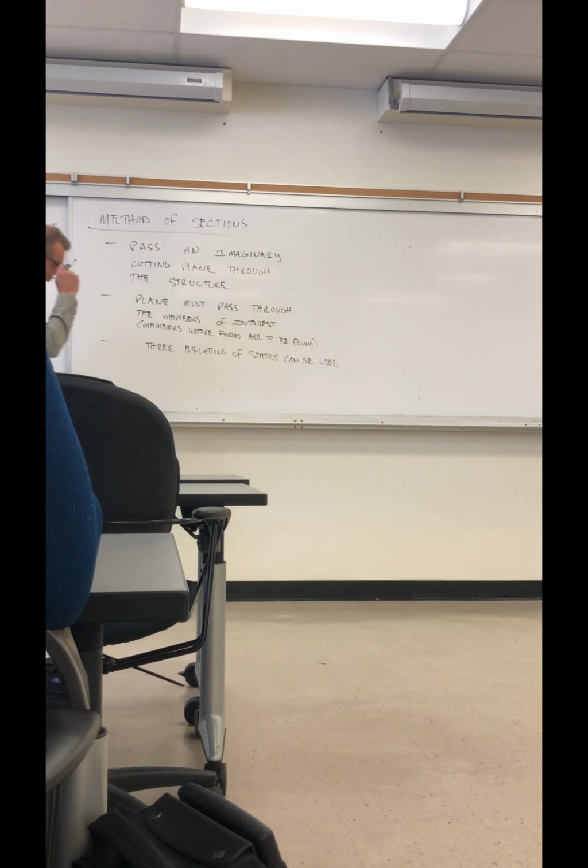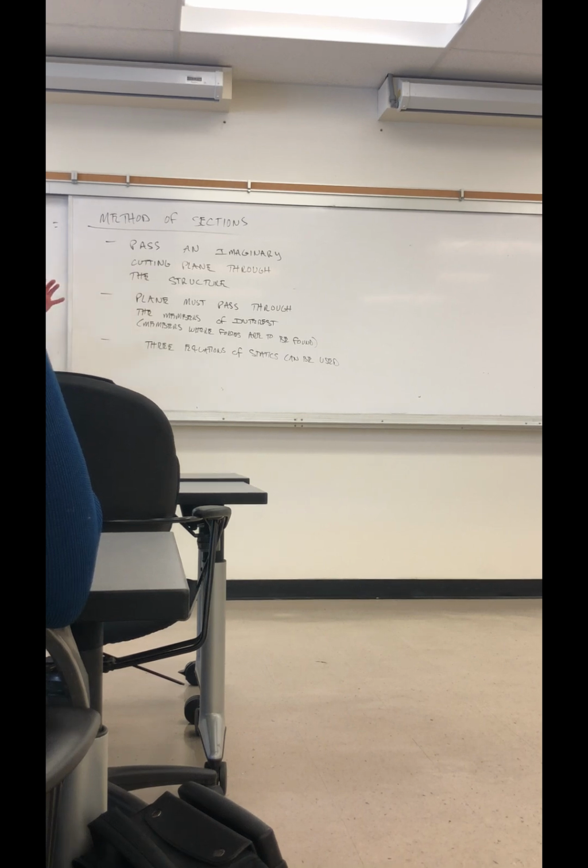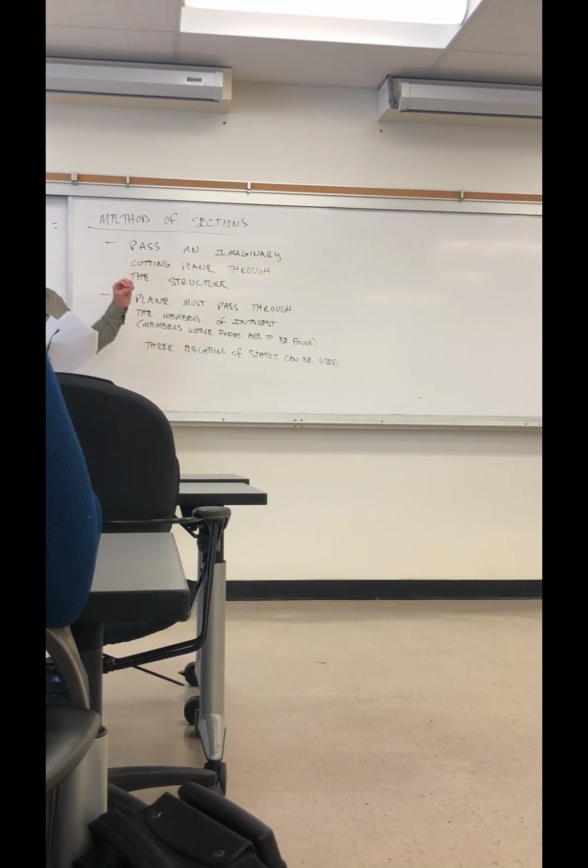Three equations of statics. So this says the plane must pass through the members of interest, or the members where the forces are found, and 3 equations of statics. When we did method of joints, we used 3 equations overall for the reactions, just like we will here. But when we went from joint to joint, we only had 2 equations.